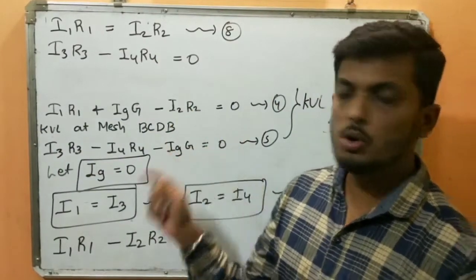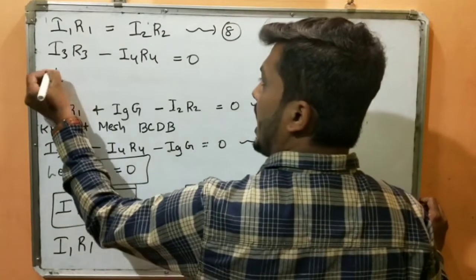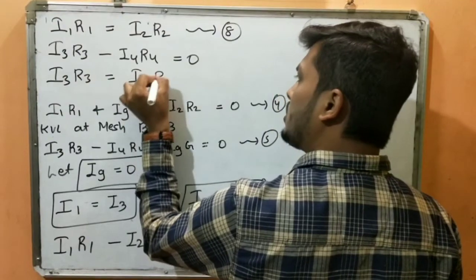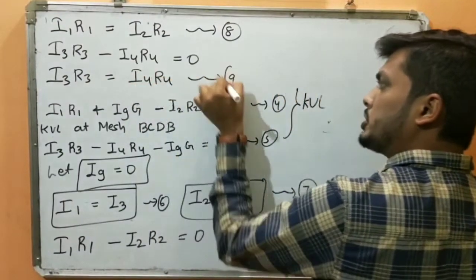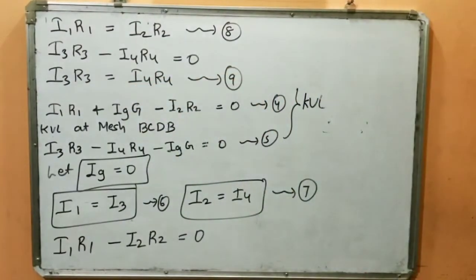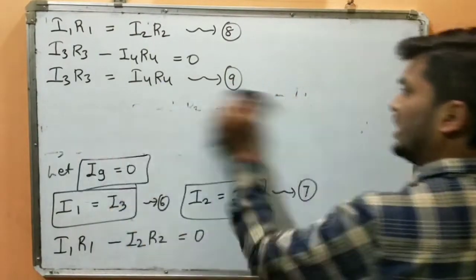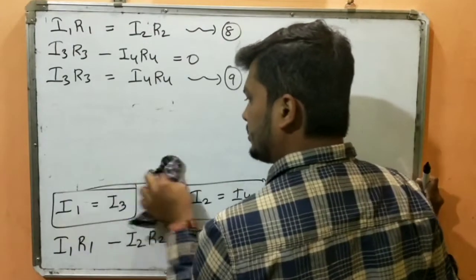So I3 R3 equals I4 R4. This will be equation number 9. I have shifted it to this side. Is that clear? Okay. Fine.